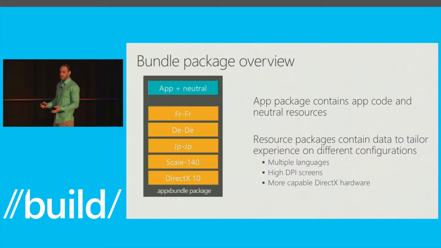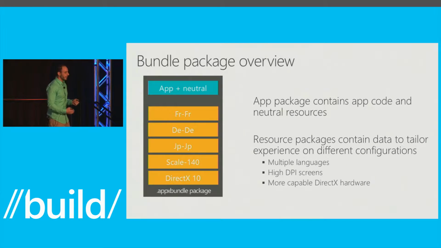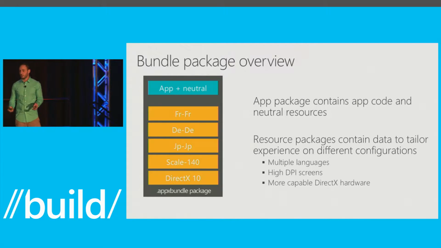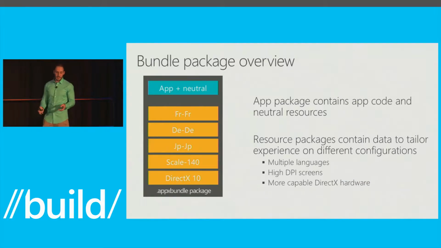But these AppX files actually contain a single application package or a set of application packages. And when I say set, I mean you could have an application package, one for each architecture if you're developing native or if you have reason to do so, or you could have a single neutral application package. That application package will also have neutral resources.